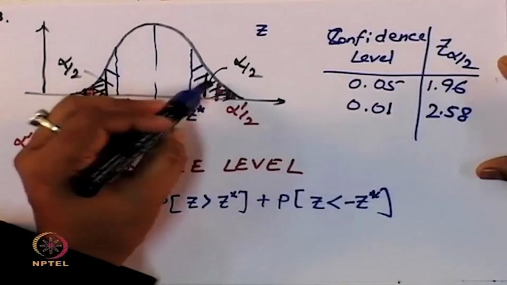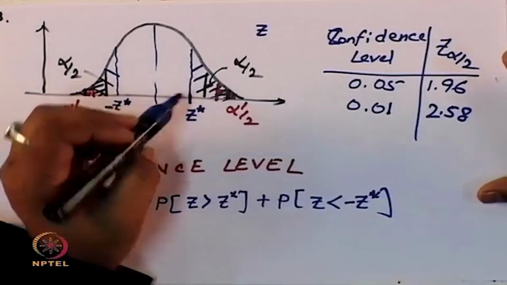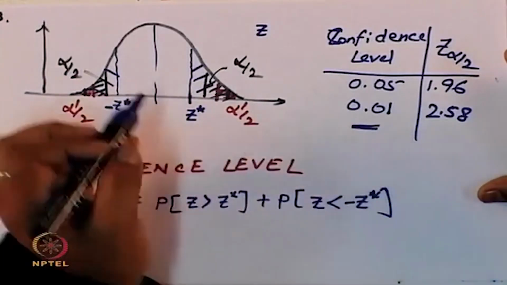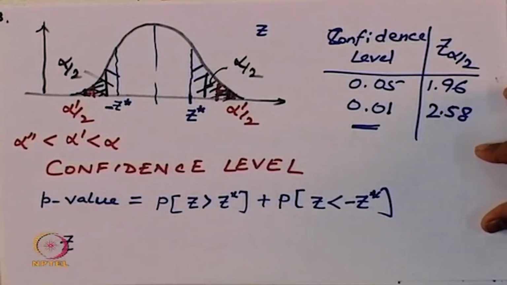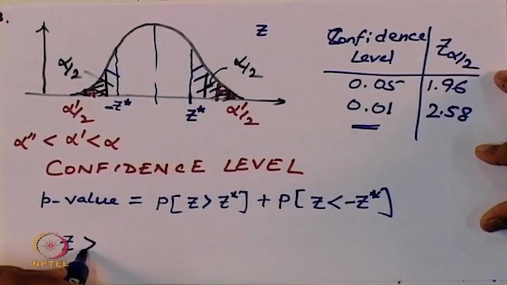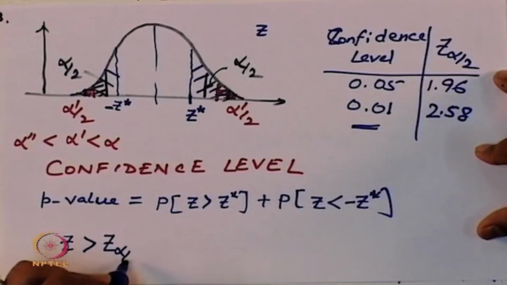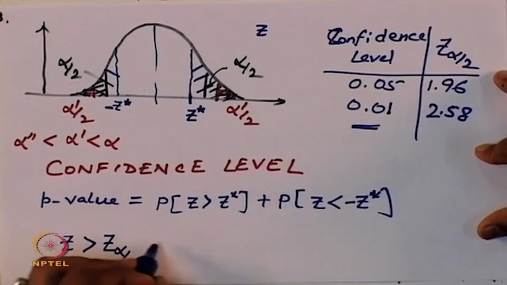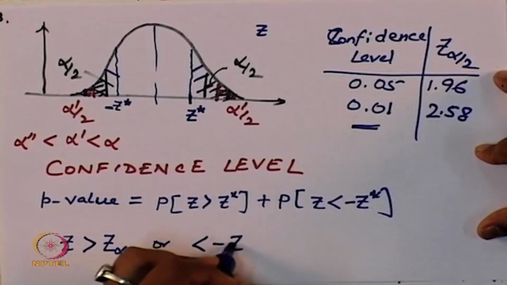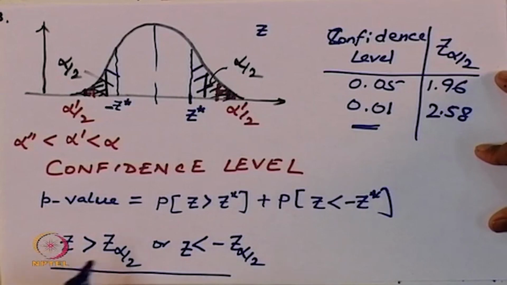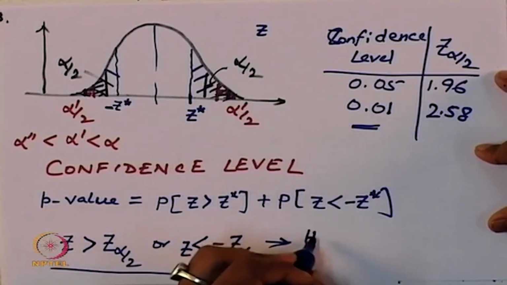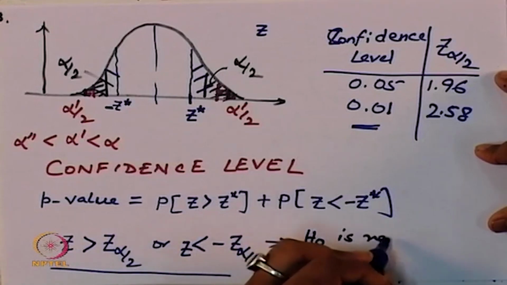Now, instead of calculating the area under the curve, since the p value is nothing but the area under the curve, if you compute z and find it is either greater than z alpha by 2 or less than minus z alpha by 2, then you can automatically conclude that H naught is rejected.